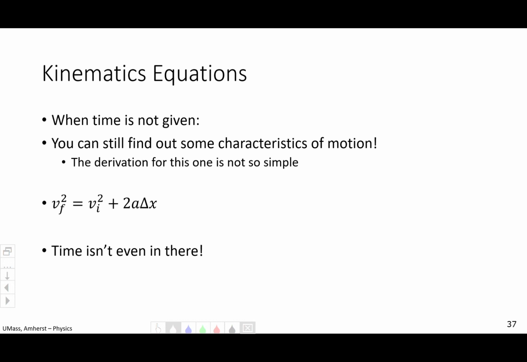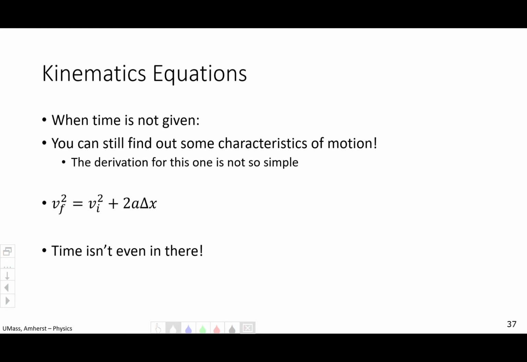This derivation is not particularly easy. I will not do this derivation either. But it does come from the previous equations just kind of shoved together and jumbled around. But this equation says Vf squared, so the final velocity squared, equals Vi squared, initial velocity squared, plus 2 times a acceleration times delta x displacement.